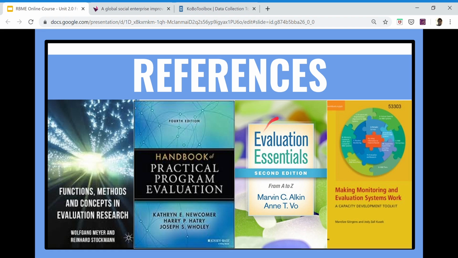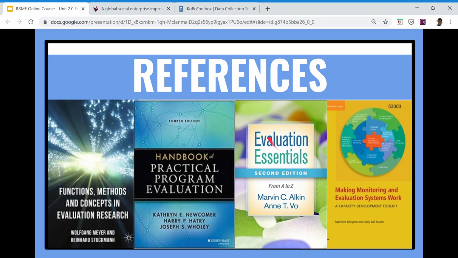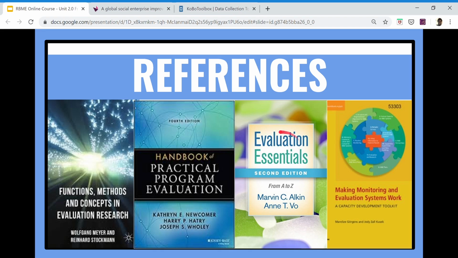These are all great books, and I can also talk to you in terms of priority. I would say you should first get your hands on this book, very important. Then follow it by the Functions, Method, and Concepts in Evaluation Research by Professor Stockman and Maya. But like I said, the first you need to get your hands on is Alkin and Christie. The Evaluation Essentials has been very useful for all evaluators.